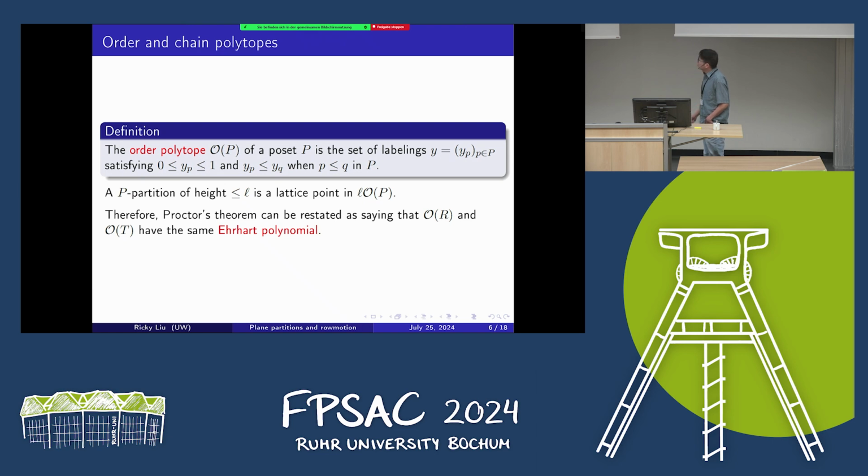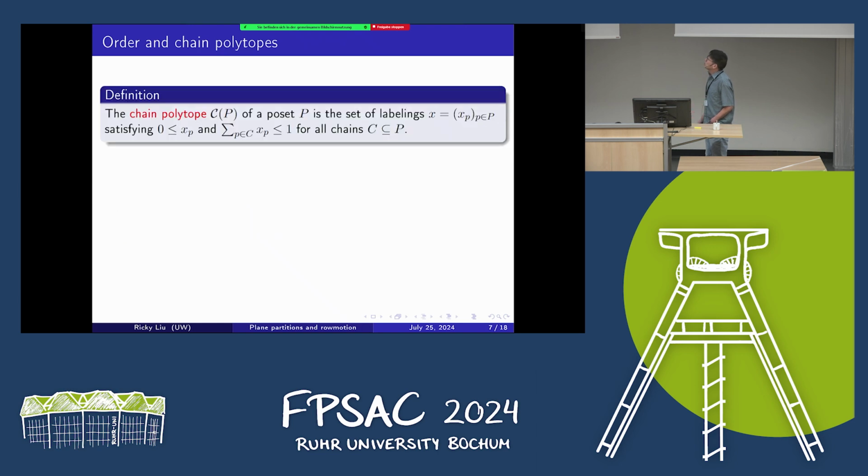One instance in which it's very well known you can do this is not with the order polytope of posets, but with a different polytope called the chain polytope. The chain polytope of a poset is, again, labelings by non-negative real numbers, but this time the condition is not a weakly increasing condition, but instead that the sum of the labels along any chain has to be at most 1.